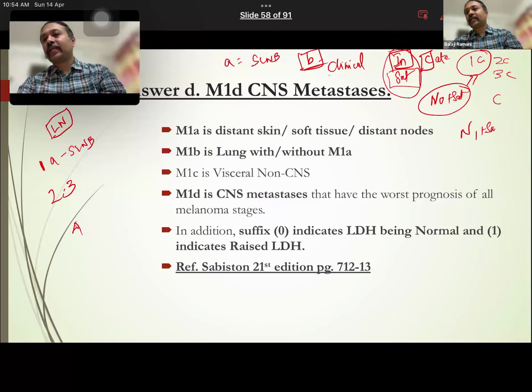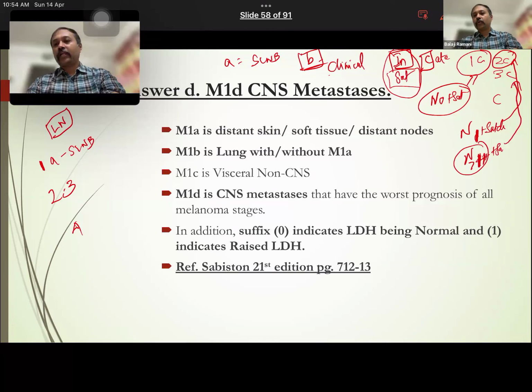N1, I mean you have only one node plus satellite, then it is N2C. If it is greater than 1 node plus a satellite, then it becomes an N3C.